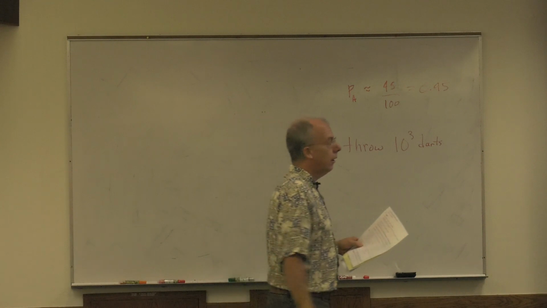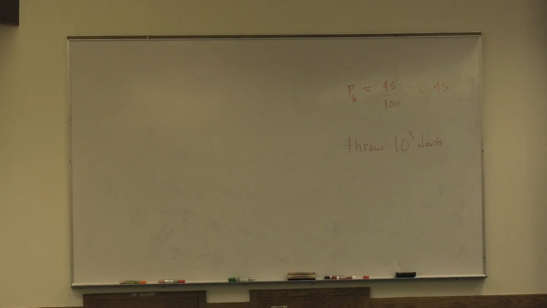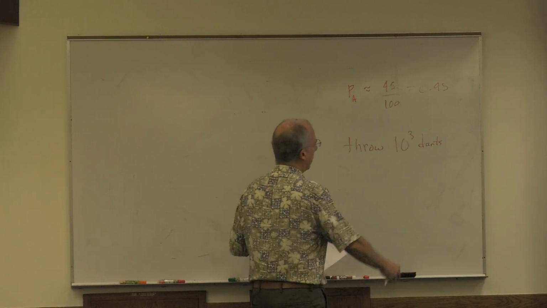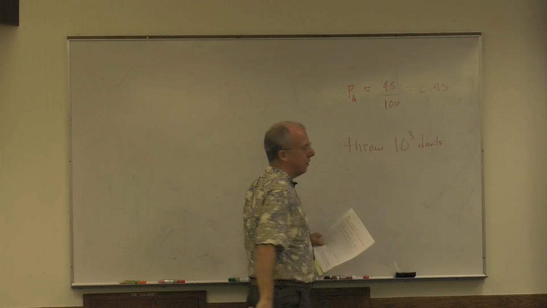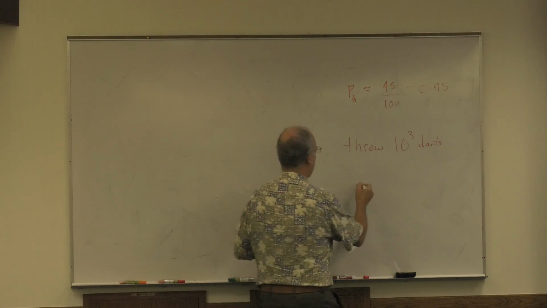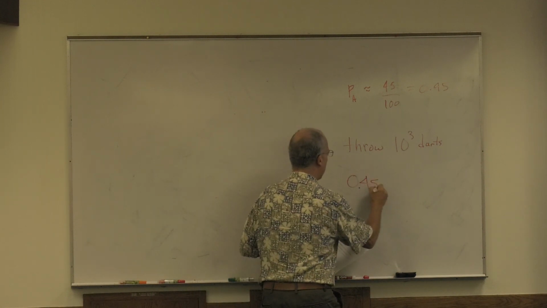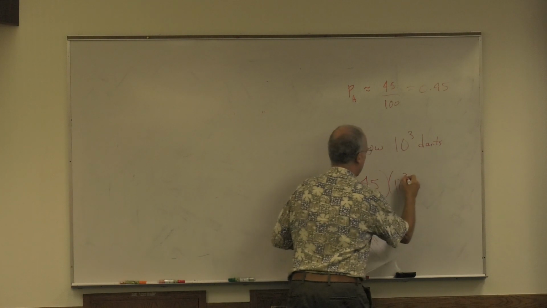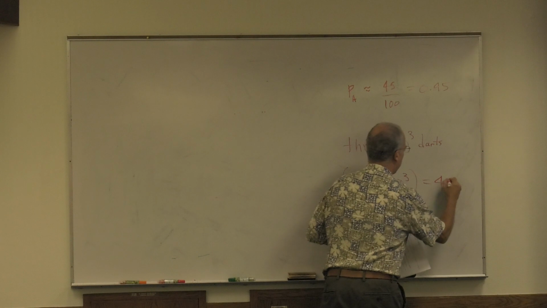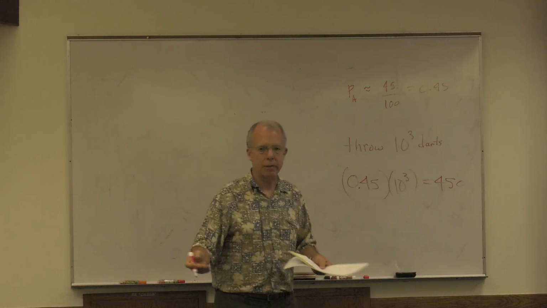How many do you expect to land in region A? Well, if the probability is 0.45 and you throw 1,000, it's just 1,000 times 0.45. Okay, so that kind of makes sense, right? So 0.45 times 1,000, that's 450. Okay, that makes good sense.